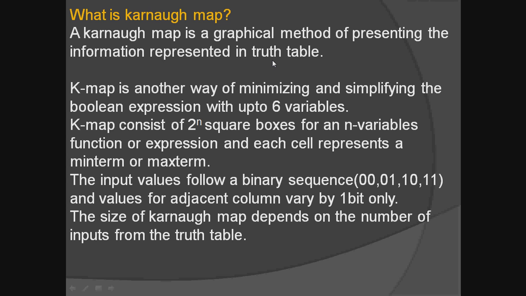So we have seen different ways of minimizing or simplifying the Boolean expression using Boolean laws, then duality principles. Then we have seen using min terms, max terms, SOP, POS formats, right?